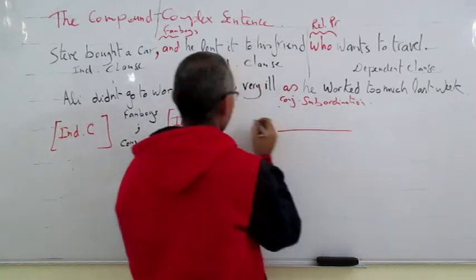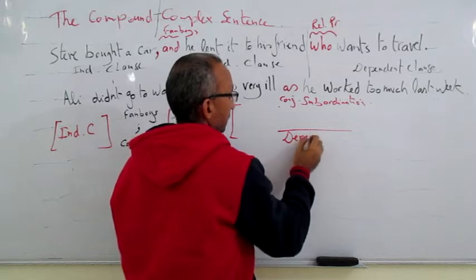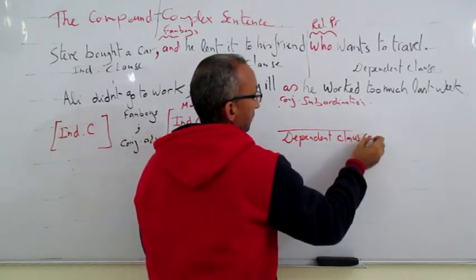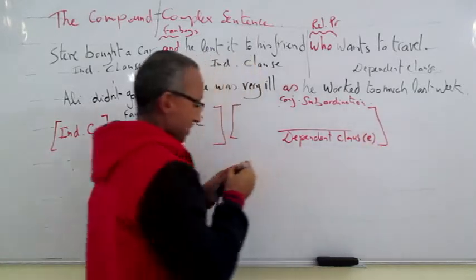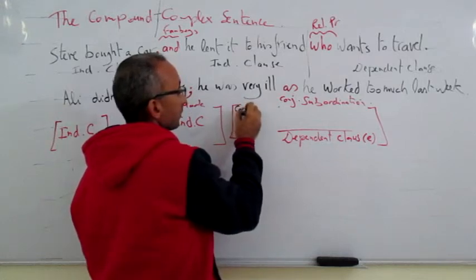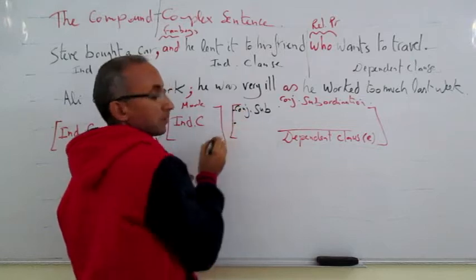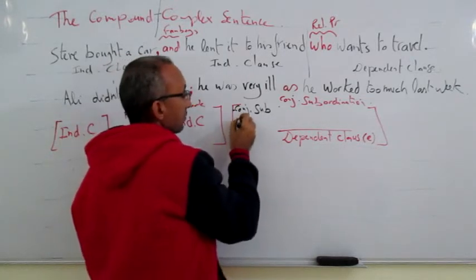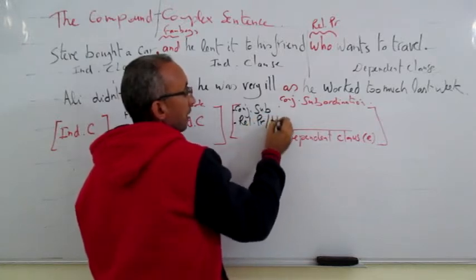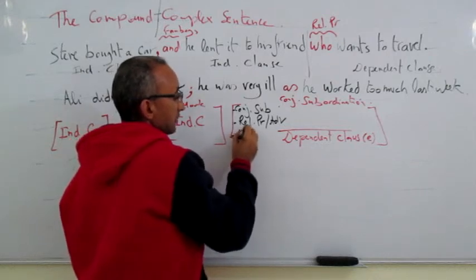Dependent clauses, one or more, either by means of conjunctions of subordination, or by means of a relative pronoun or adverb like when and where, or by means of what?